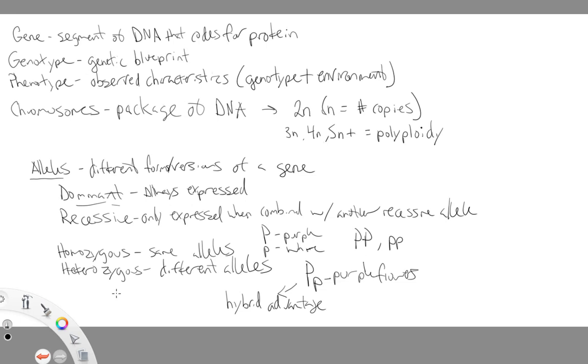We have an inbred line here that would have all, in this example, capital P, and then another line here, and then we would cross them, and it would give us these heterozygotes. This heterozygote would have advantageous characteristics over these other lines, like increased corn yield in particular.